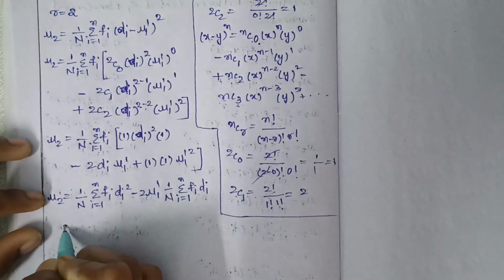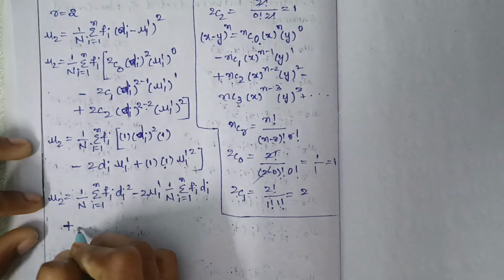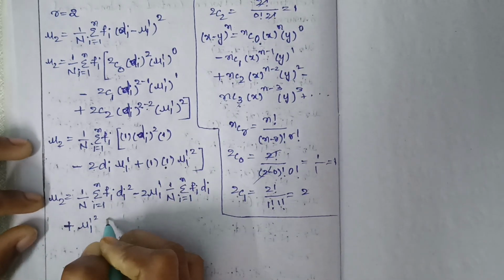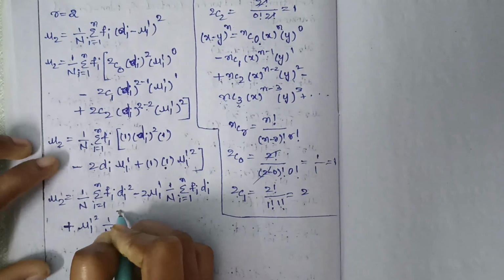And here plus symbol, and 1 into 1 is 1. Mu 1 dash square is a constant, so we write it outside: mu 1 dash square into 1 by n summation i equals 1 to n fi.